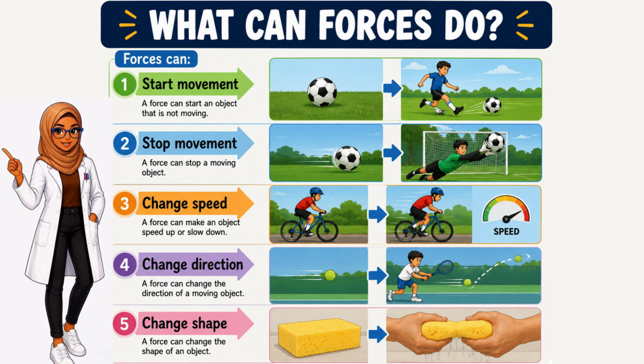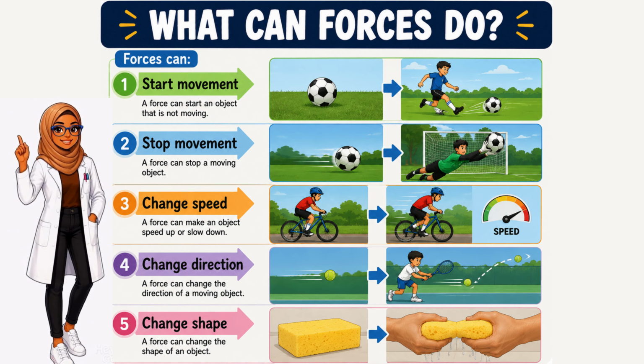Number 3, change speed. A force can make an object speed up or slow down. For example, the cyclist speeds up while pedaling. The speed meter increases. Number 4, change direction. A force can change the direction of a moving object.